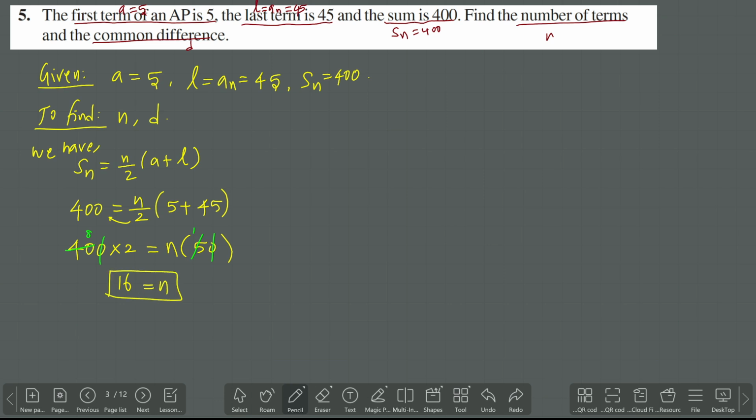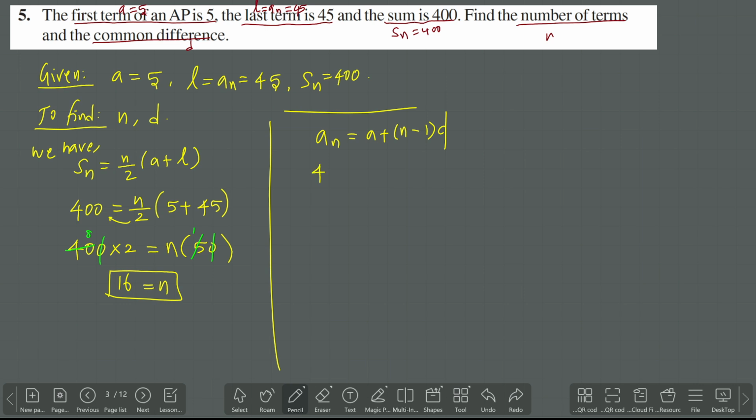Am I right? Take this n, substitute in the an formula, and you can get the d value very easily. By using Sn you can also find d, but it will take time, so I'm using an. So an equal to the formula we know, a plus (n minus 1) into d.